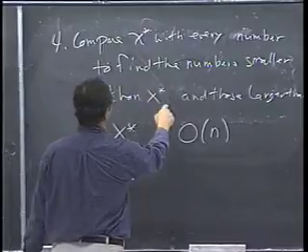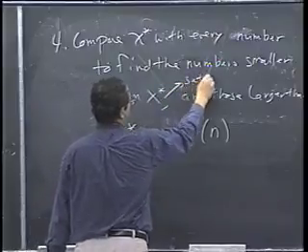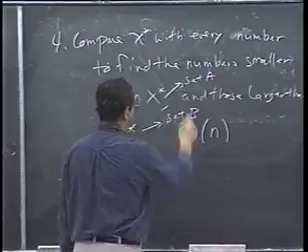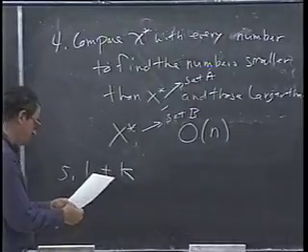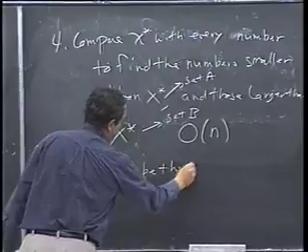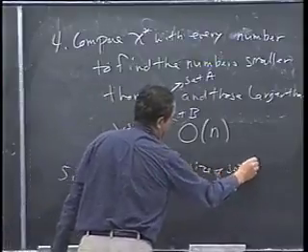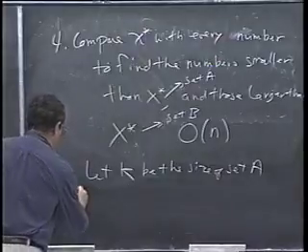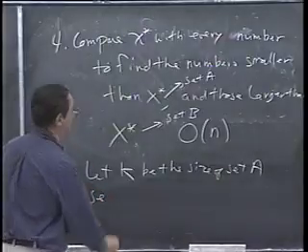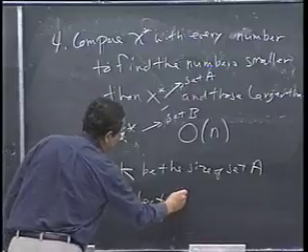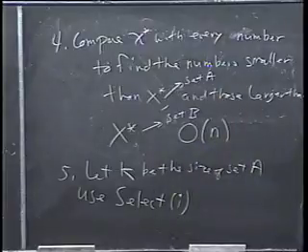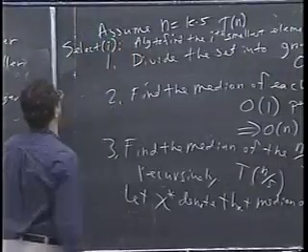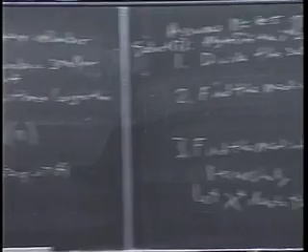The numbers smaller than x star, call that set A, and those that are larger than x star, call that set B. Let k be the size of set A. I should have given a name to this algorithm. So this is called select i.